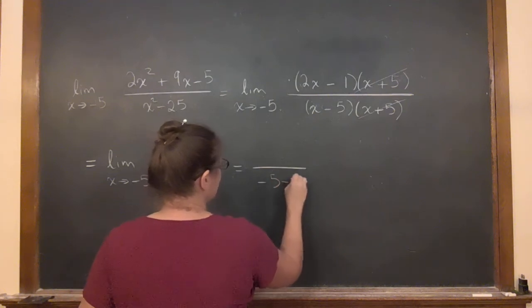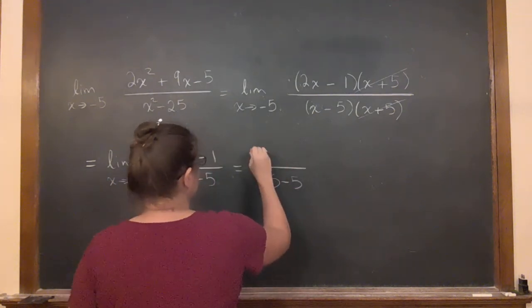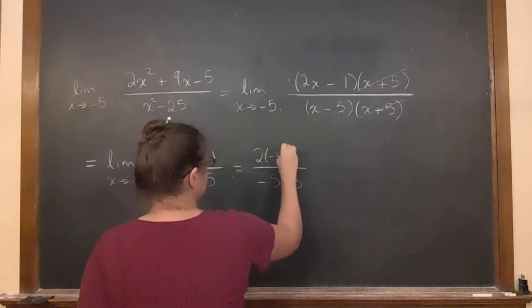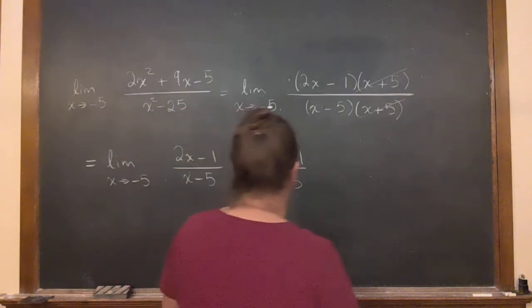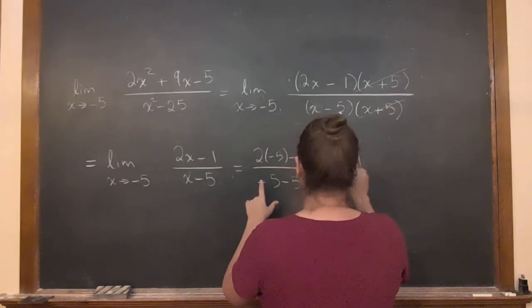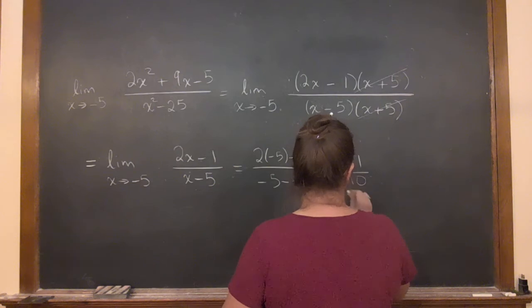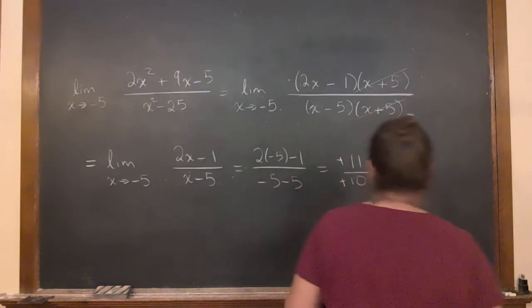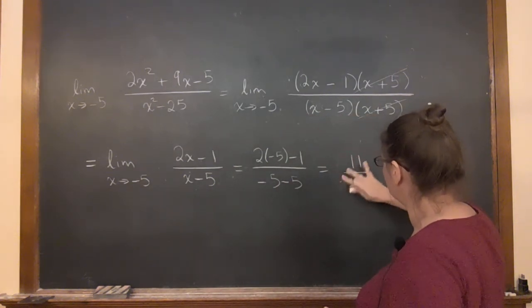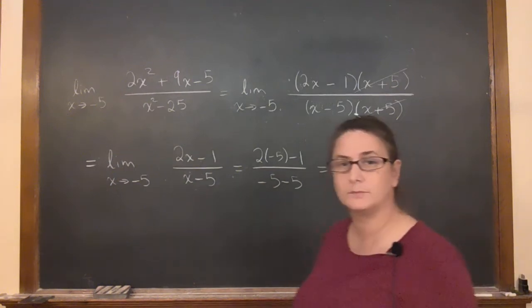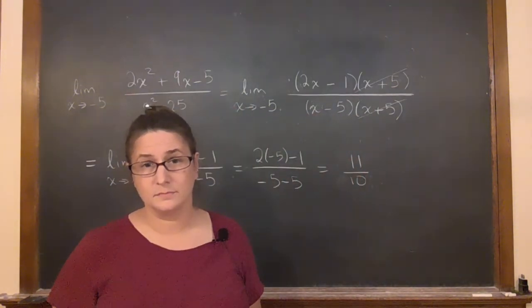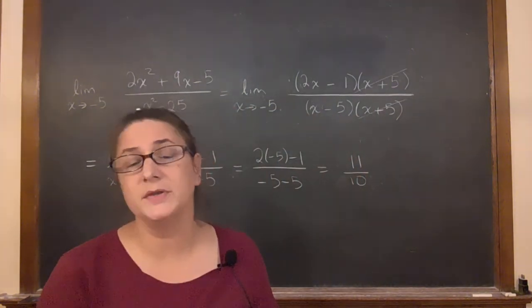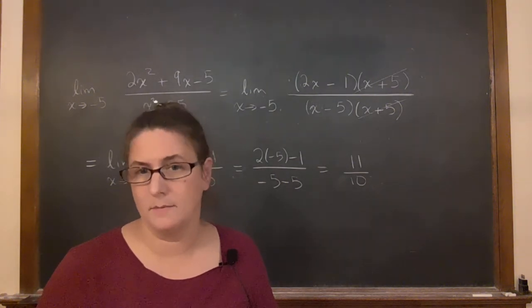So I just plug in my number. As I said, once I plug in the number, I don't have to write the limit business anymore. So what is this? This is negative 11 over negative 10. So we can just write 11/10 there. Those minuses cancel out. Okay. So in the next video, there will be more complicated examples.